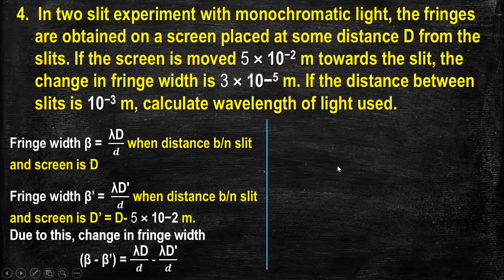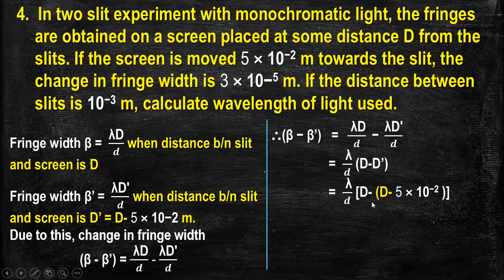Then take out the common factor. Lambda upon small d is a common thing, leaving D minus D dash. Then you have to write the value of D dash inside the bracket: D minus of D minus 5 into 10 to the power of minus 2.